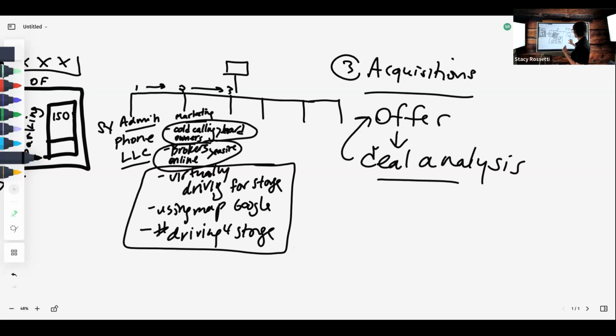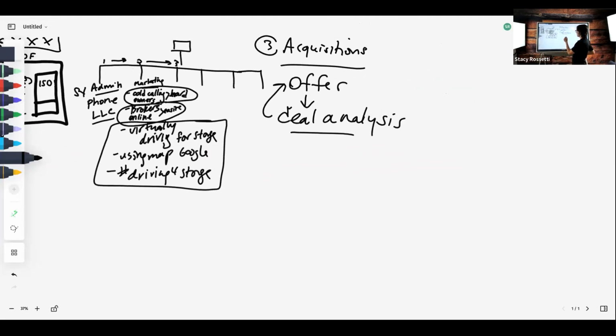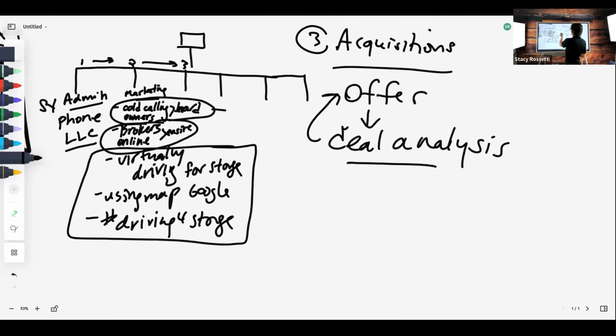You got to get all the information, right? So now obviously, if it's an income producing property, you can get a P&L and a balance sheet, and you can get tax returns, you can get everything. Now, obviously, remember that with a cold call, they may not have all that ready.